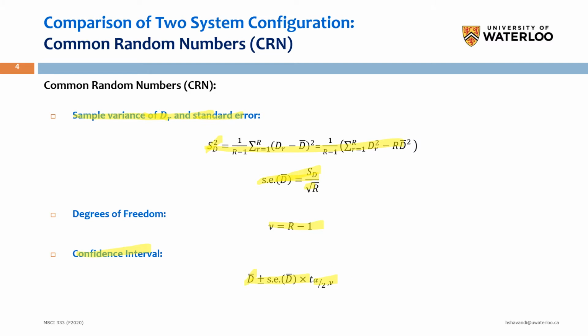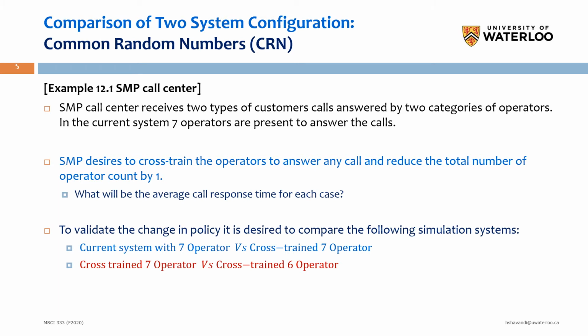We have an example here. It's about the SMP call center. In the current system, they have 7 operators in 2 categories. The system is thinking about cross-training the operators so that each operator is able to answer any call.